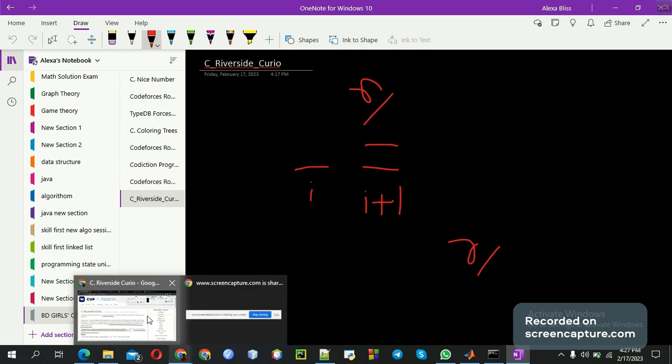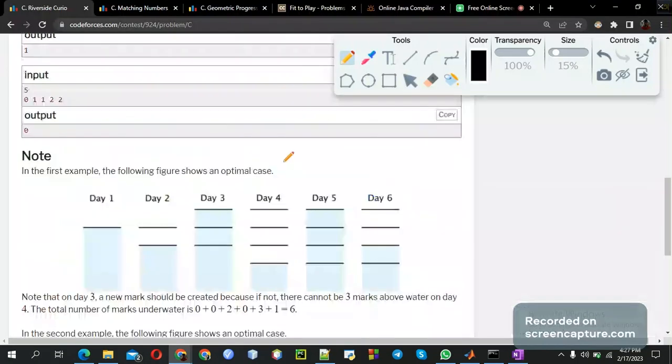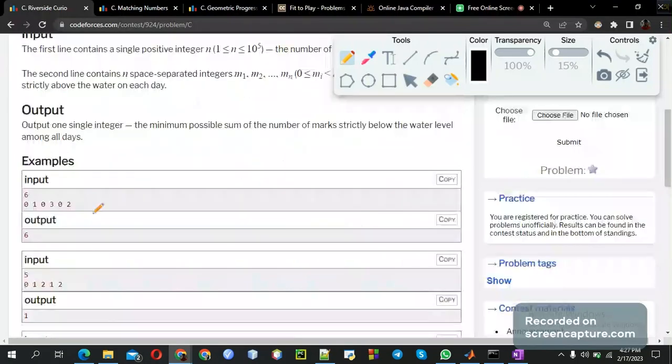So let's solve some examples, then we can understand the problem very easily. First, take this problem. This is our main array: 0 1 0 and 0. At the zeroth day, initially we have no watermark. For day one, we add a watermark, and our water is situated at this level.